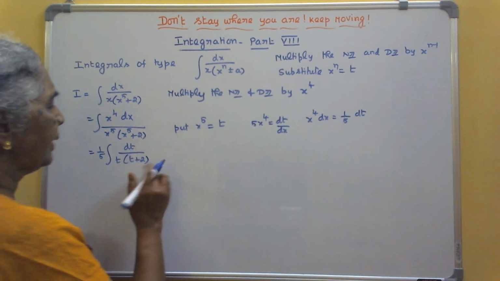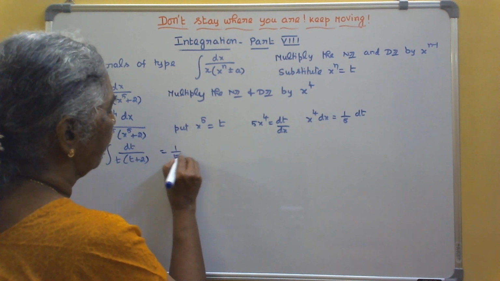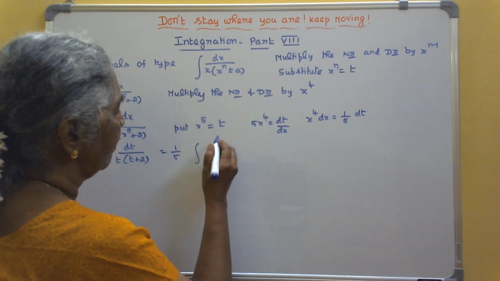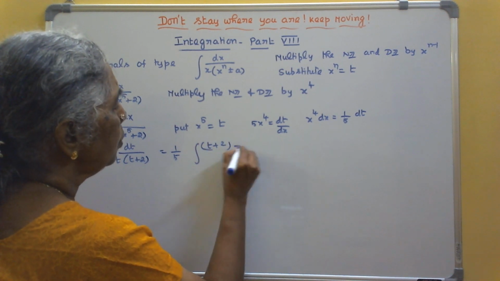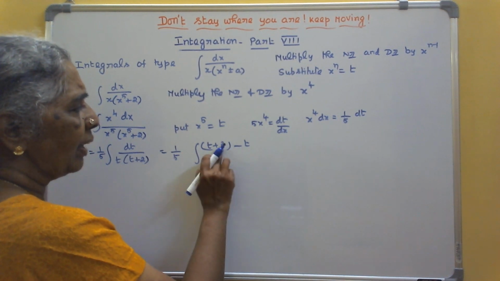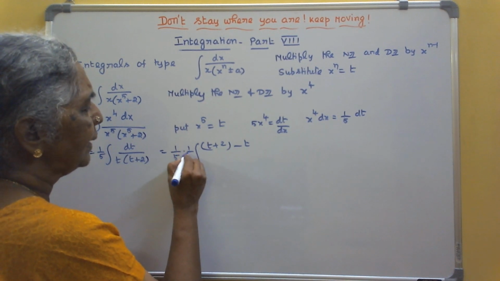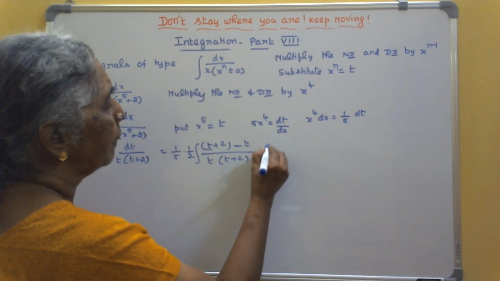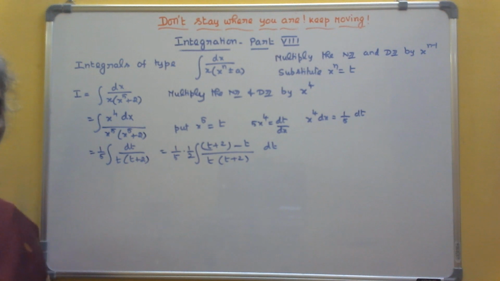Now this is t plus 2. See, I will write 1 by 5 dt. Here the numerator I will write t plus 2 minus t. That is, I will use these two. What will I get? t and t will go, I will get 2. To compensate, I will write 1 by 2. Here I will get t into t plus 2 dt. Do you understand?